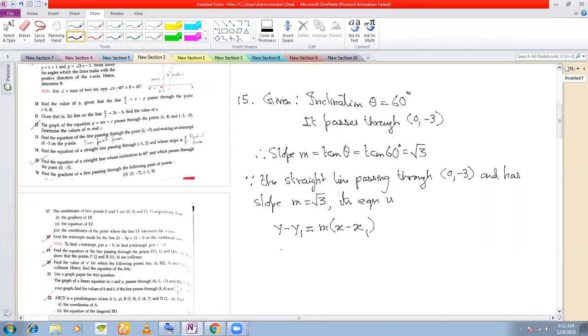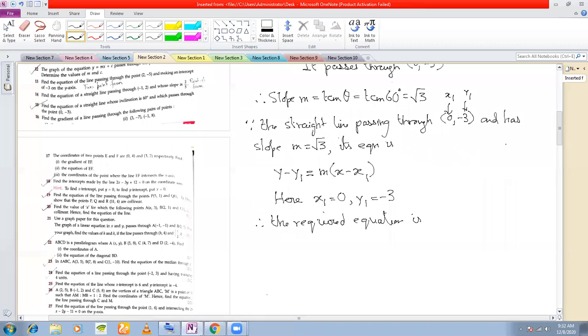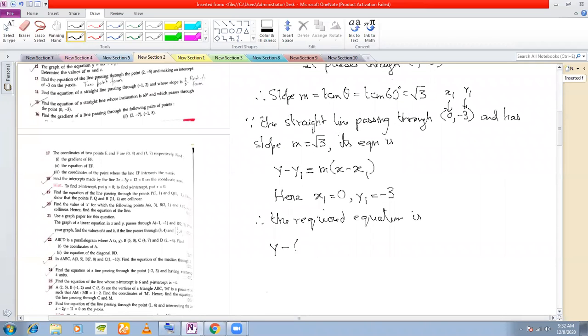M is √3. Here x1 is 0 and y1 is -3. Therefore, the required equation is y + 3 = √3x.